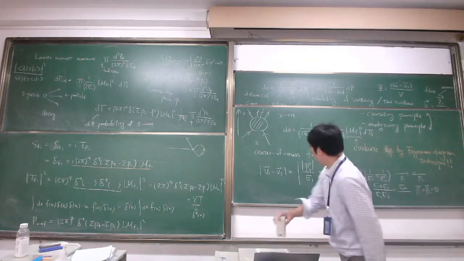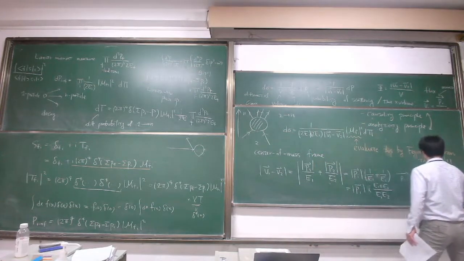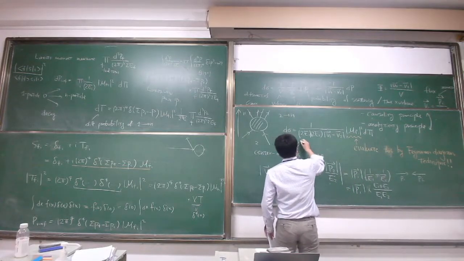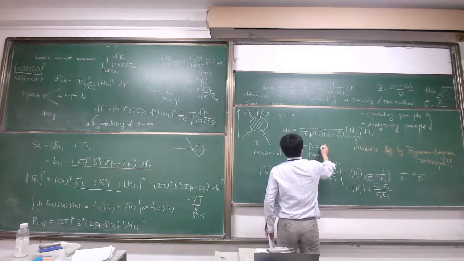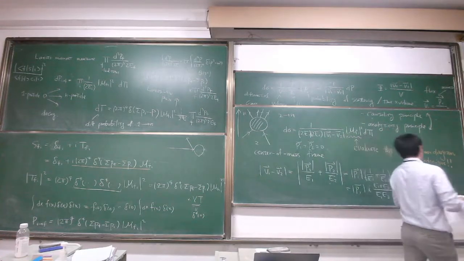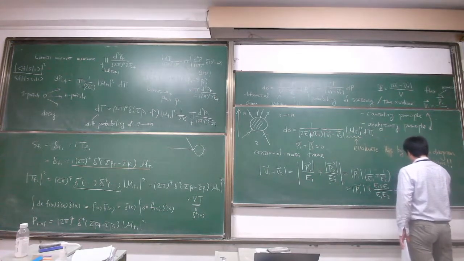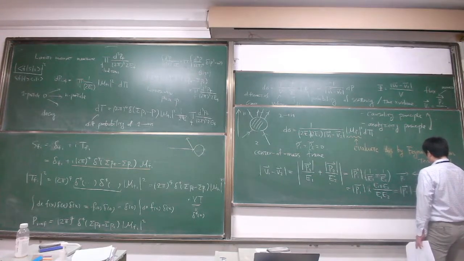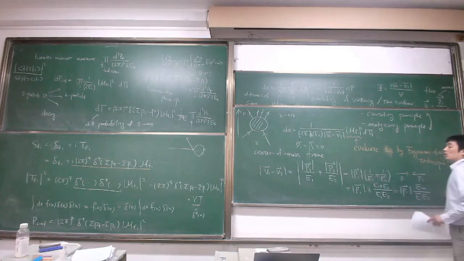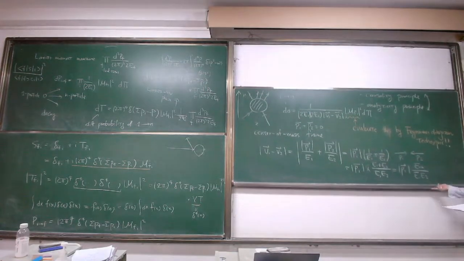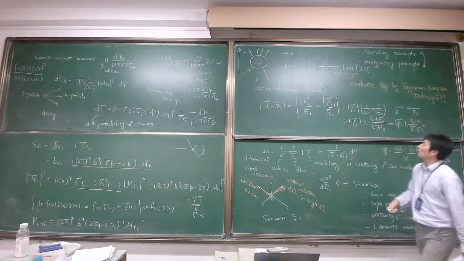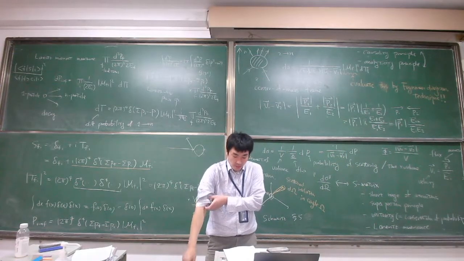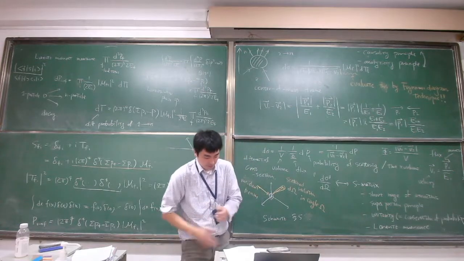Let me erase. So center of mass frame means that p1 plus p2 is equal to 0, and this is equal to p_i over E1 in the center of mass. Okay. Now we will simplify the situation a little bit more.